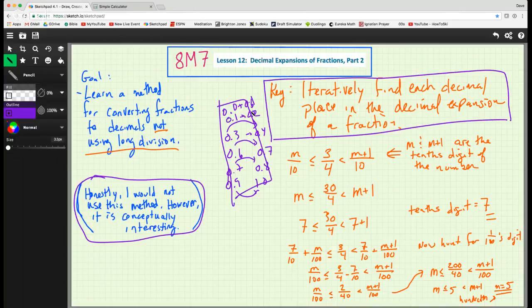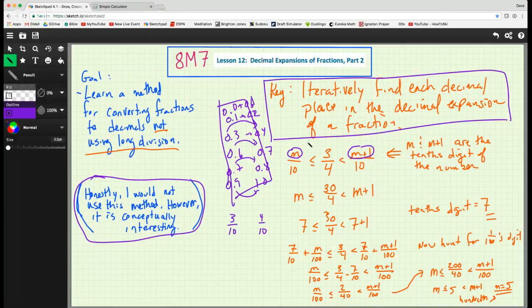It's going to be somewhere in there. So what we're going to say is that each one of these numbers is represented by m over 10. So if we had 0.3, that would be 3/10, and then m plus 1 would be 4/10. So maybe it's between these two numbers. Well, we've got to figure out what the m is so that it's between those two tenths digits.